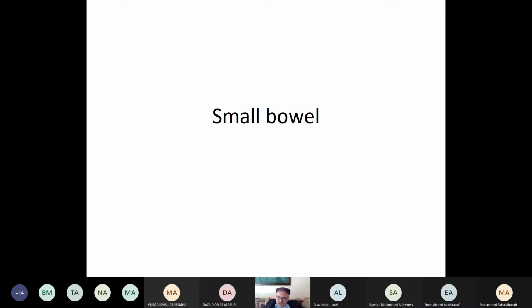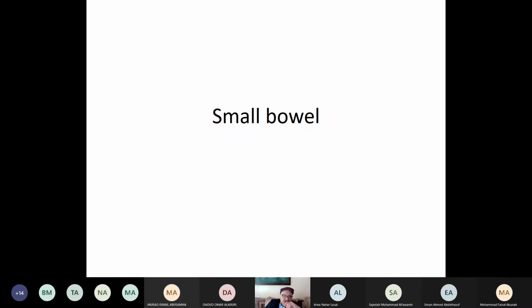It can occur in special cases in small bowel, but basically it's colonic. Intussusception, maybe. Tumors.